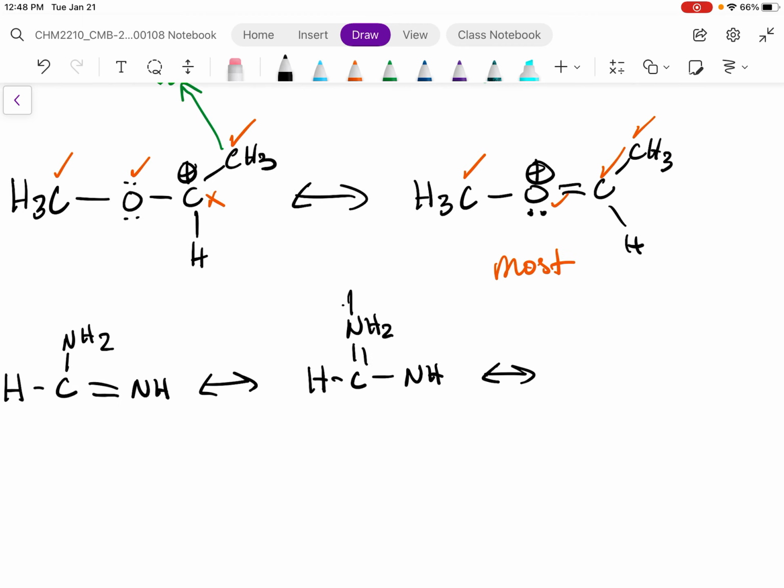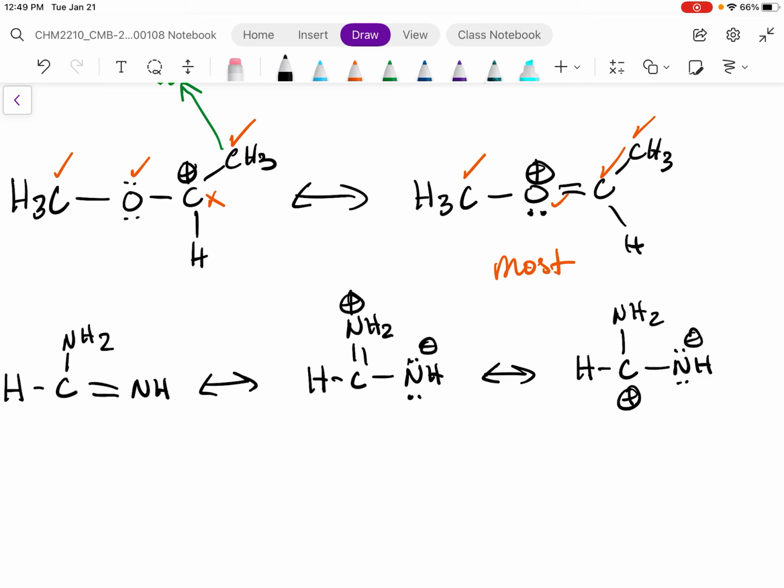So if that's the case, that has to be positively charged. H2. It's going to be negatively charged right there. And that middle one has to be negative as well. Okay, so now we have those 3 resonance structures.